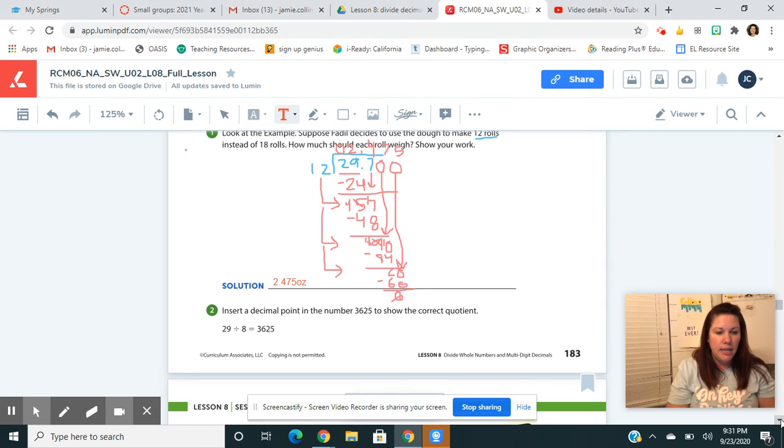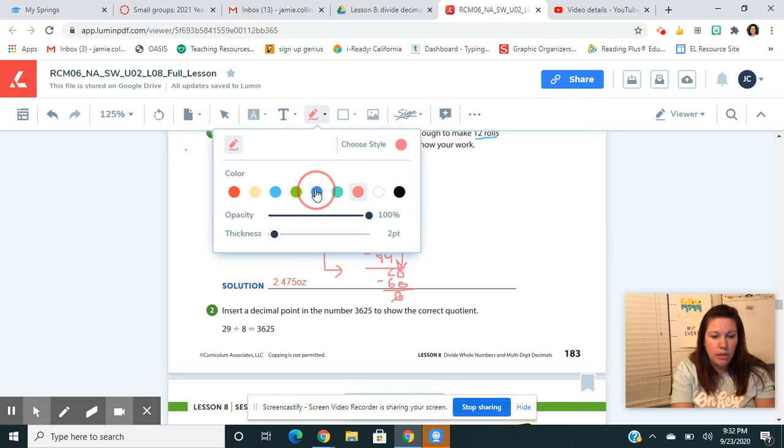It says, insert a decimal point in the number 3625 to show the correct quotient. Okay, so we're dividing 29 by 8. And so that means it's not going to go. So I'm going to just set it up as a visual because I'm a visual learner.